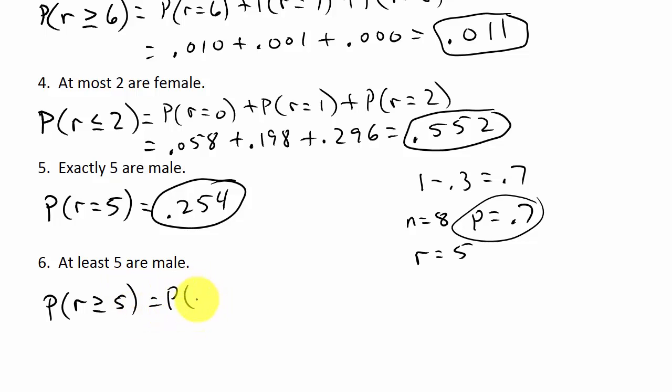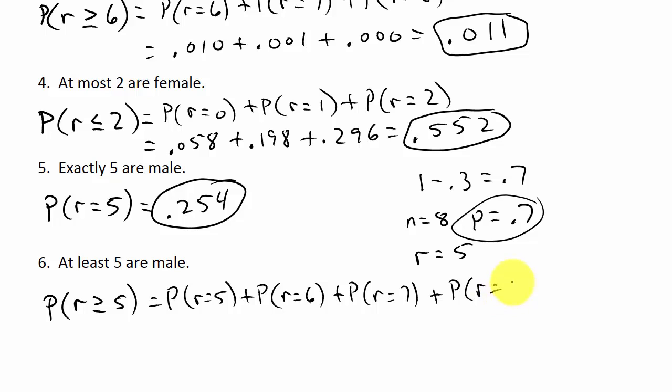So that's the probability that R equals 5, or R equals 6, or R equals 7, or R equals 8. But just remember, when you look these up, you have to look in the column where P is 0.7, just like we did for this one.